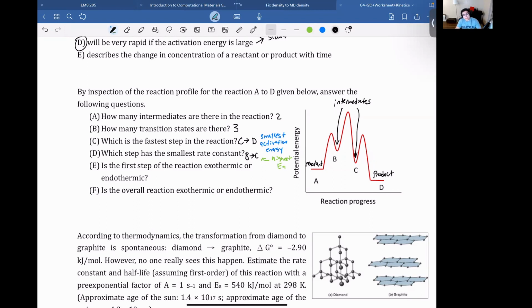E says, is the first step of the reaction exothermic or endothermic? Well, endothermic, just as a reminder from 2A, endothermic reactions go from reactant to product. It goes up in energy. It's absorbing energy. So this is endothermic.